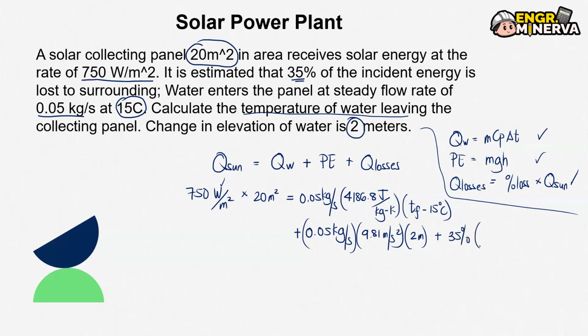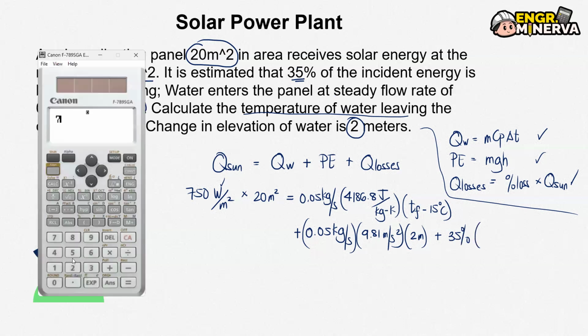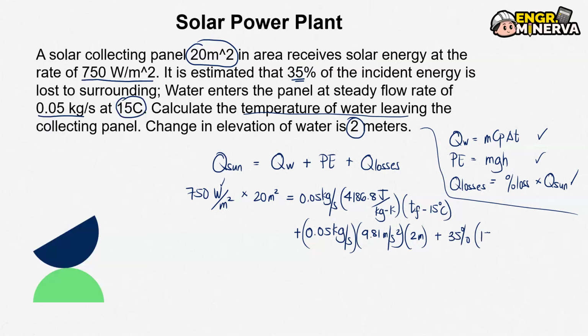So we first compute our Q of the sun here, that is 750 multiplied to 20, that would be 15,000 watts. Then what we will need to do is solve for the final temperature.